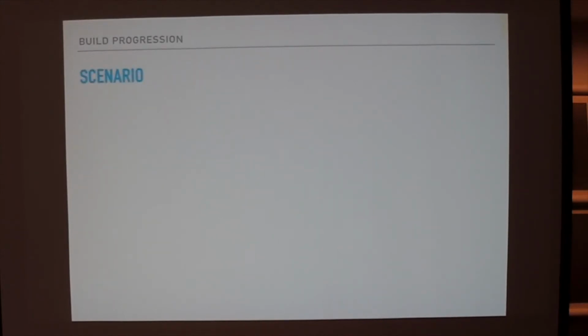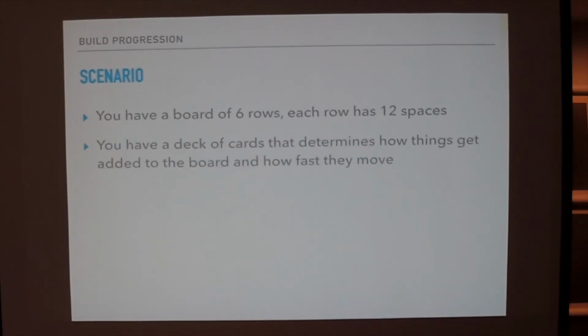So here's a scenario for you. You have a board. Each row has 12 spaces on the board, right? So we're making a long, narrow board. You have a deck of cards that determines how things are added to the board and how fast they move. So let's simulate two things interacting without interference.